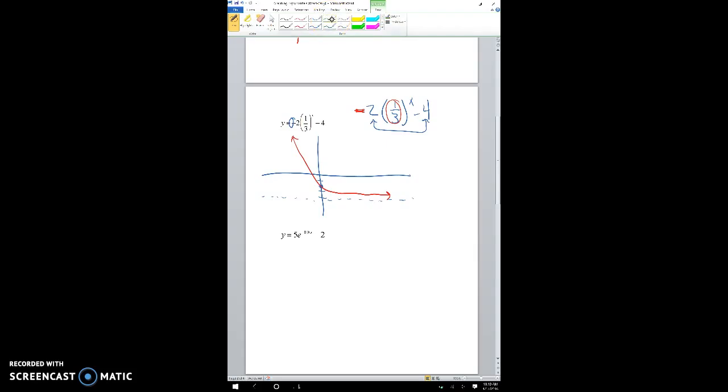So instead of the y-intercept being at negative 2, it's now going to be at negative 6, because if you add negative 2 plus negative 4, you get negative 6. And then the whole graph is going to be flipped so that it looks like this. And the green graph is the final answer.